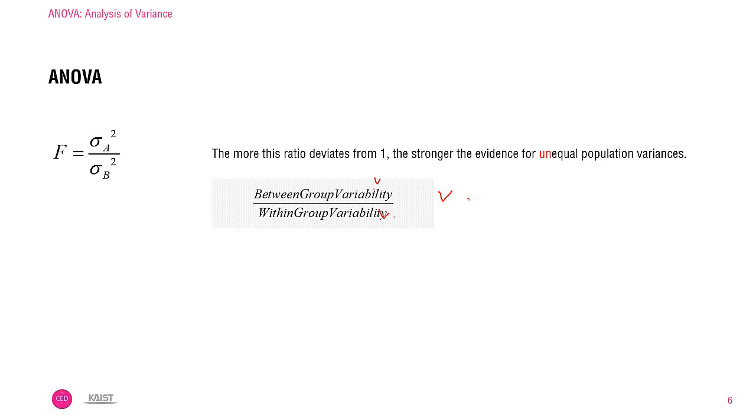In particular, the bigger the between group variability, the more it implies that there was an effect or influence that has shifted the data set by a noticeable amount. Then let's look into the procedure step by step.